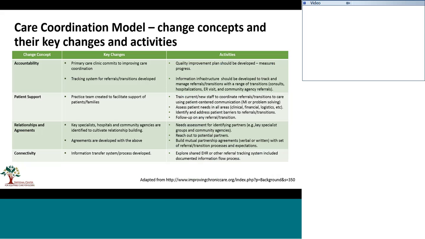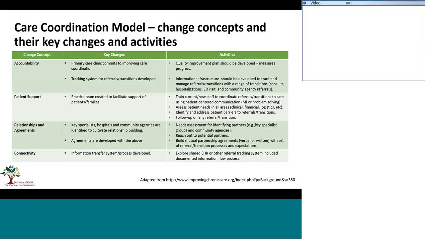So in looking at this change package, not only do we have under the care coordination model the change concept, but we also have key changes, and following from those key changes, we have activities. And so they've identified under the care coordination model 6 key changes that apply to each change concept, and then the specific activities in making the key change.